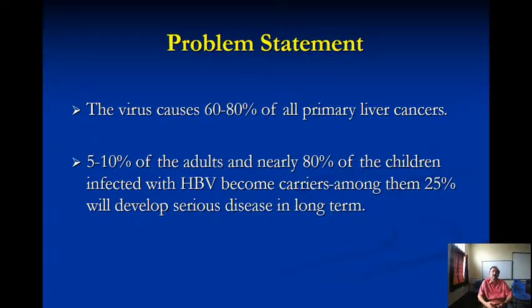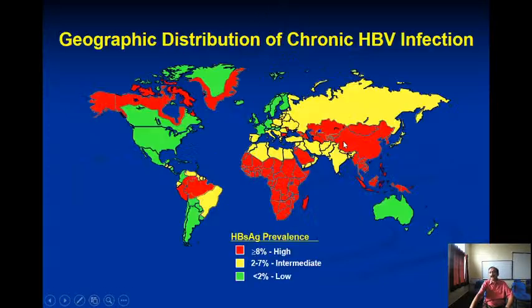So it's a very, very big problem, and among that 25% will land up with serious disease. So either it is cirrhosis or cancer, all these problems will occur with this particular virus.